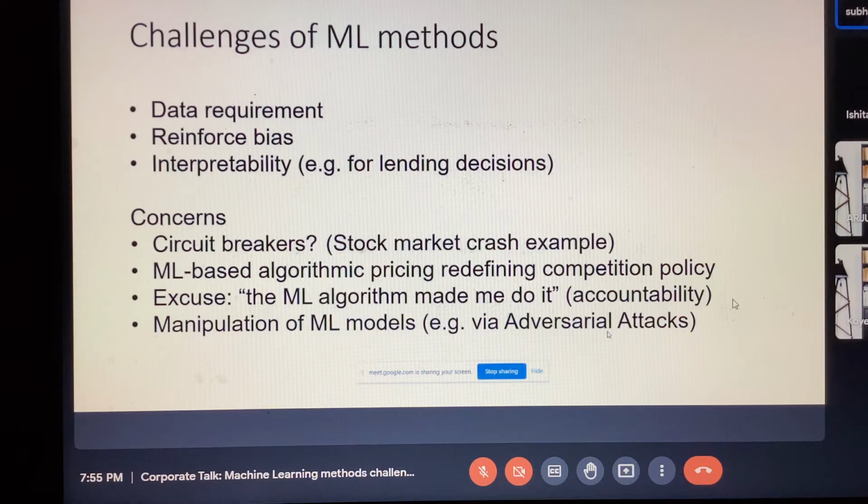Once again, the data requirement, and I said, though there is a challenge, there are ways to go about it: one-shot and few-shot learning. It is still possible to work on less data too. Two examples are one-shot and few-shot learning. Reinforcement bias. There are also ways to look at it to make it less biased. There are machine learning approaches to do it.